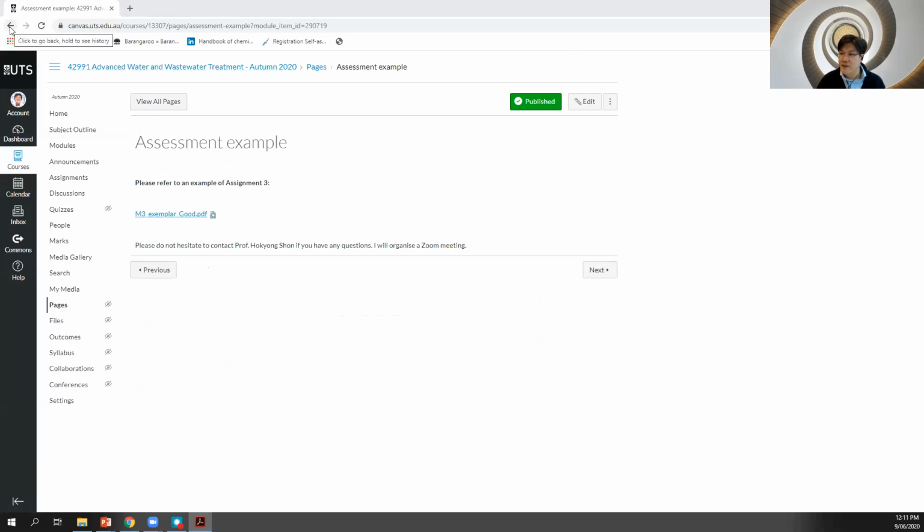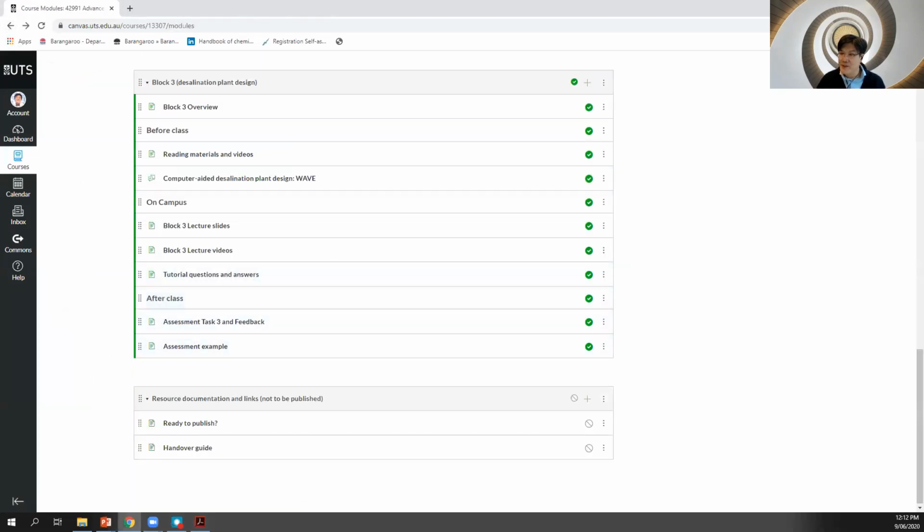So you have a better idea how to approach your seawater desalination. So that's all about block 3. And let's go back to our slide again.